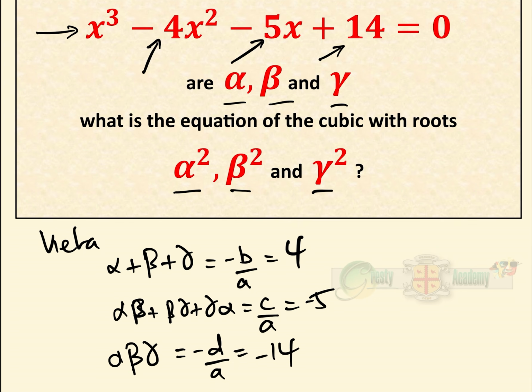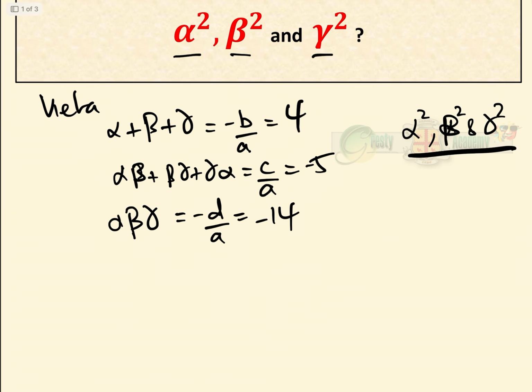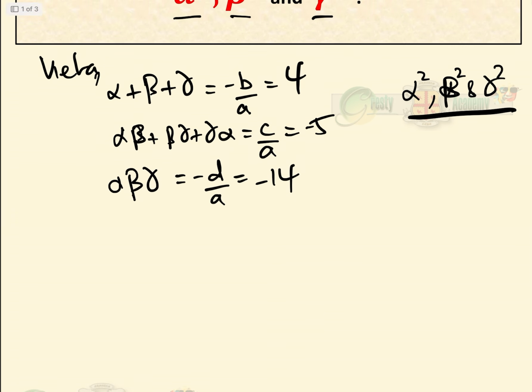What we need to find is a cubic with roots alpha squared, beta squared and gamma squared. So using these, we need to find alpha squared add beta squared add gamma squared, which will be the new minus b over a.